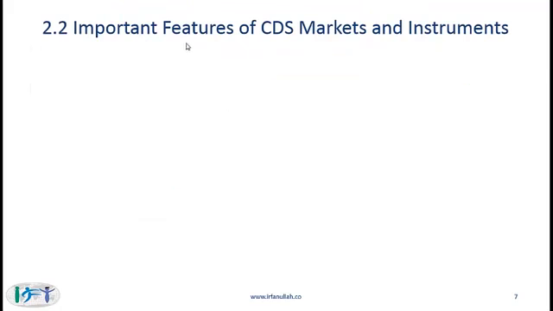Next, we come to the important features of CDS markets and instruments. The CDS market is large, global, and well organized. The unofficial industry governing body is called the International Swaps and Derivatives Association, or ISDA.